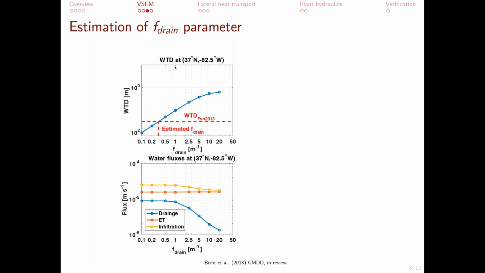So what we see is the drainage flux becomes much smaller as the F drain increases. And at very high values of F drain, the water table depth becomes independent of the drainage flux. And the input, that is infiltration, and output ET sort of determine where this water table depth stabilizes.